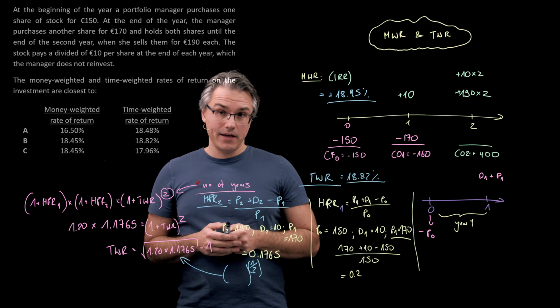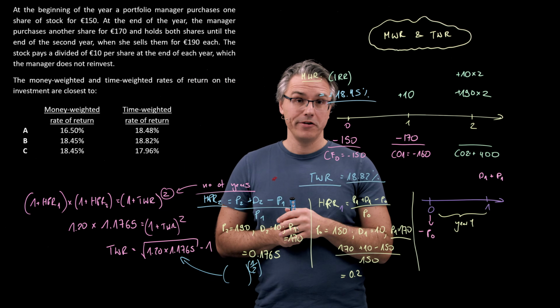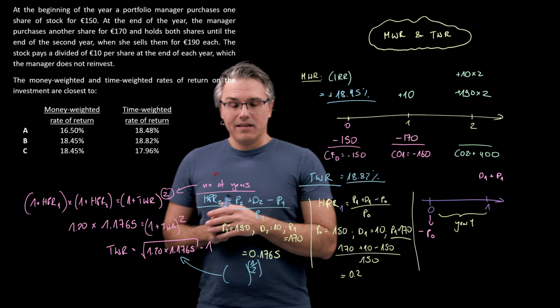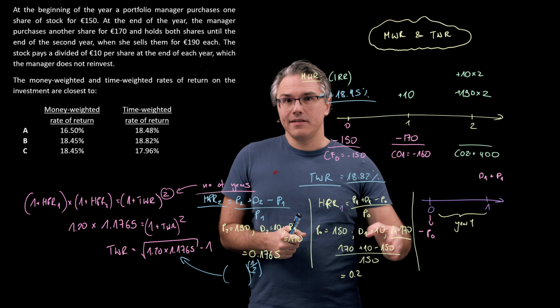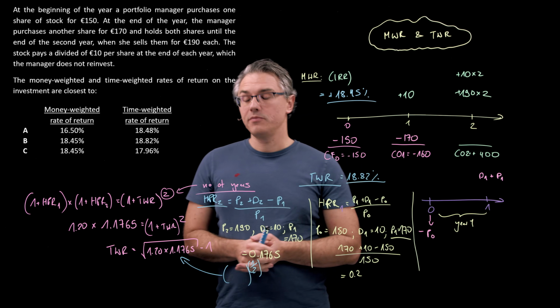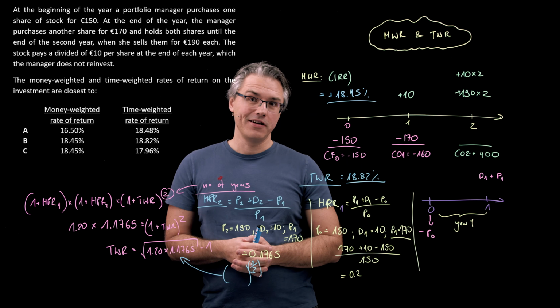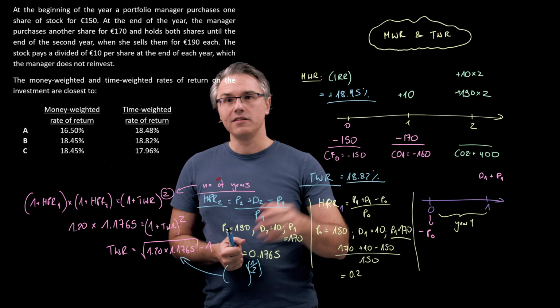If you invest $1 into this portfolio, the portfolio would grow by 20% in the first year, and then 17.65% in the second year, and that's synonymous with an average rate of growth of 18.82%.